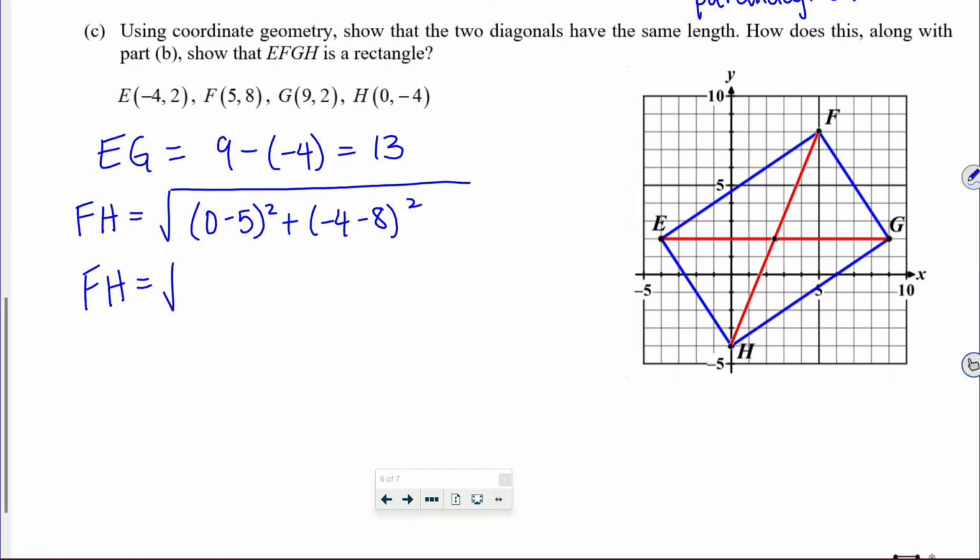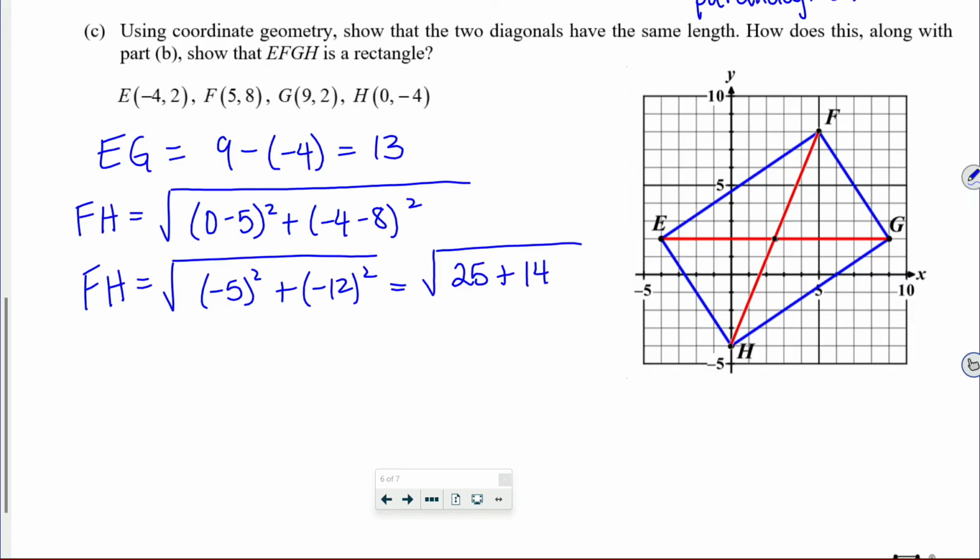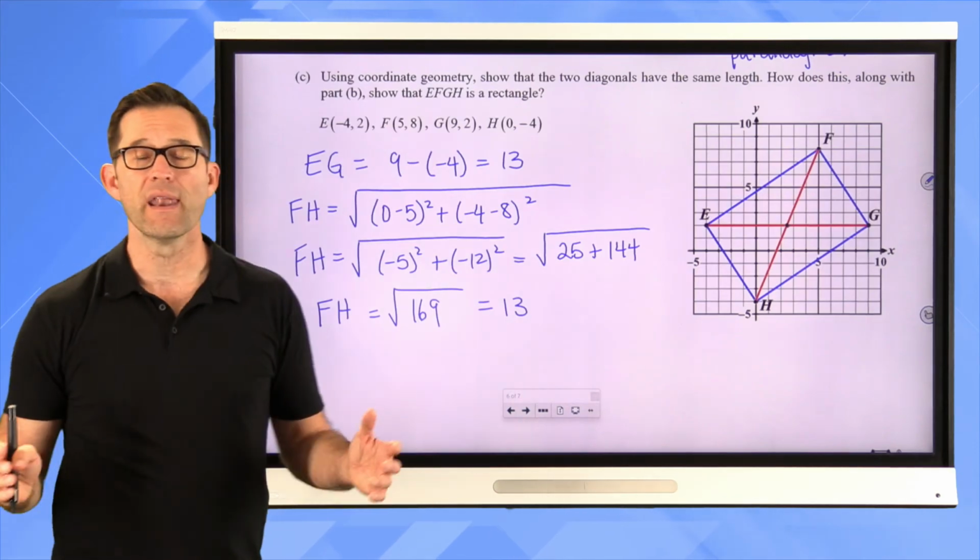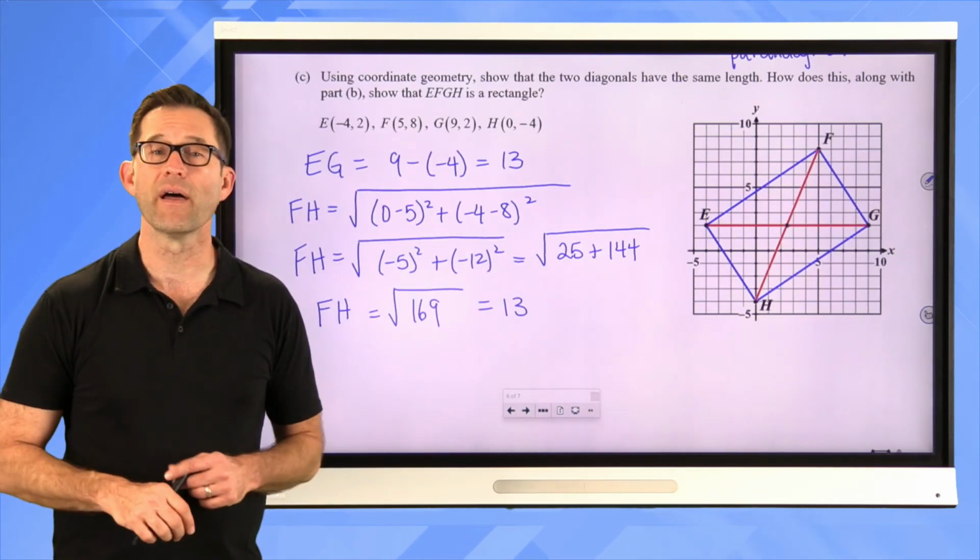So FH is the square root of -5 squared plus -12 squared. -5 squared is 25, -12 squared is 144. And add those two together, we get the square root of 169, which is 13. So EG and FH are the same length.